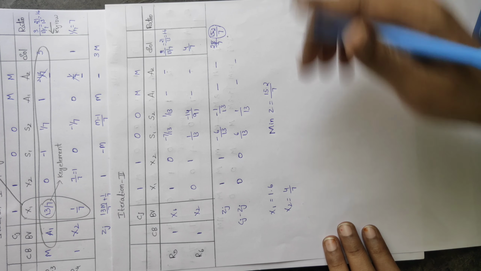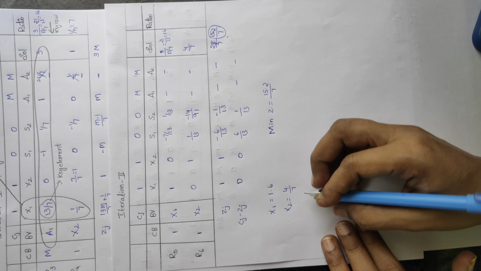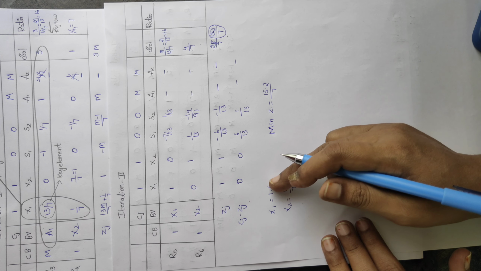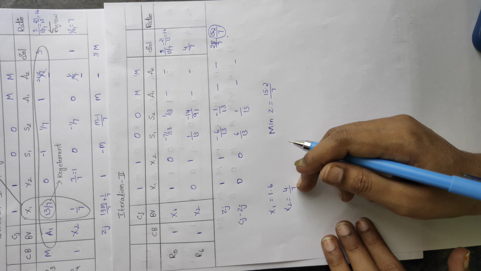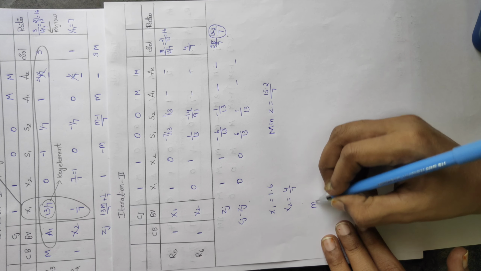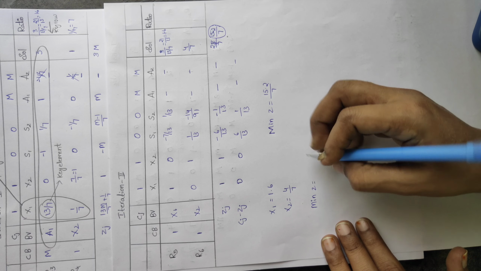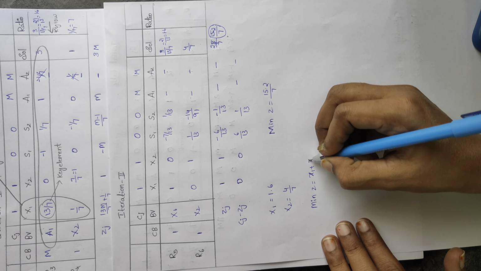See, we can check whether it is correct or not. We have to substitute these x1 and x2 values in the objective function. That means Z equals x1 plus x2.